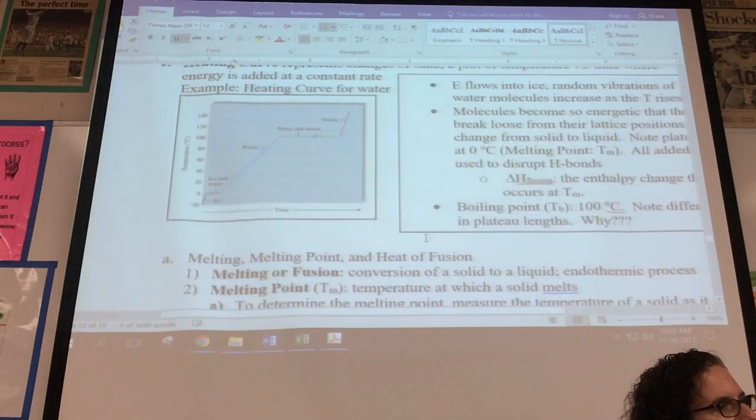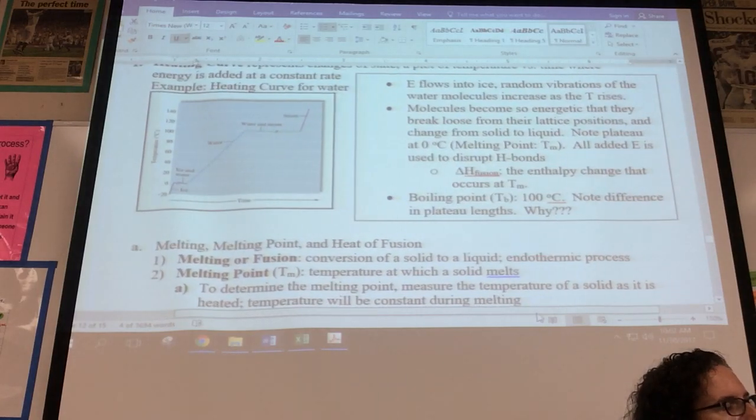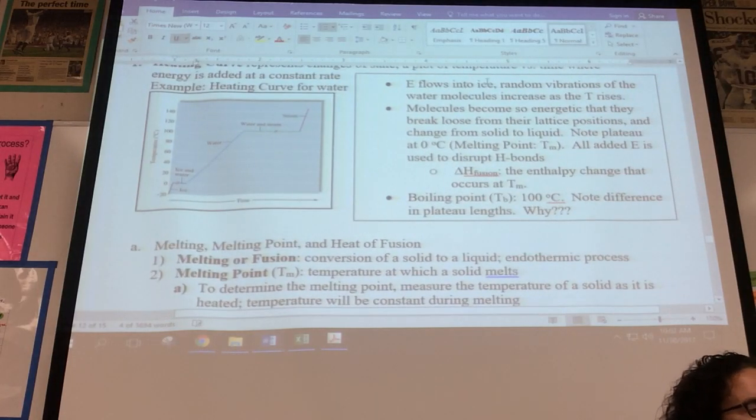So what you're seeing here is written out. It says energy flows into ice. Random vibrations of water molecules will increase as the temperature rises. The molecules become so energetic that their lattice positions are broken away from, and now you get the solid to liquid transition. You can see the plateau.